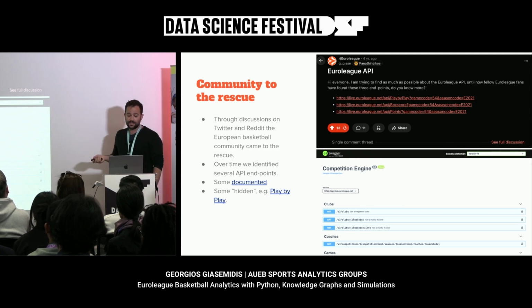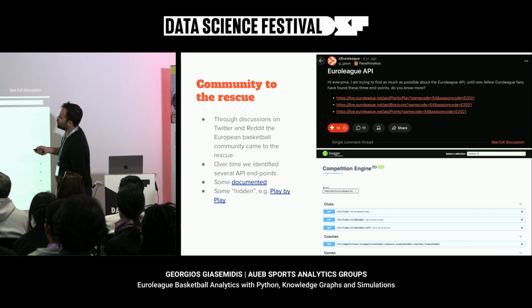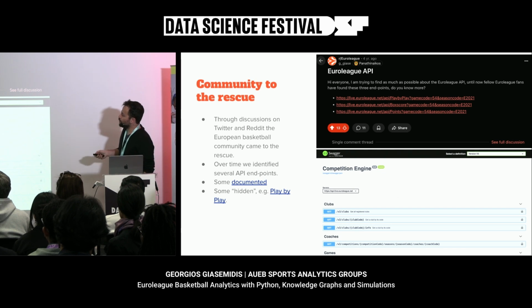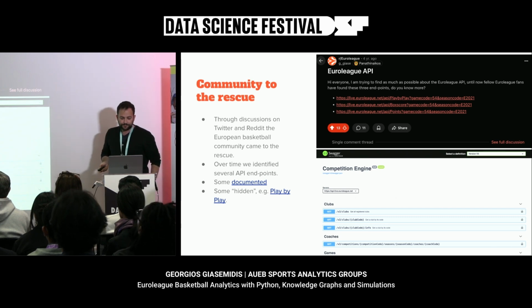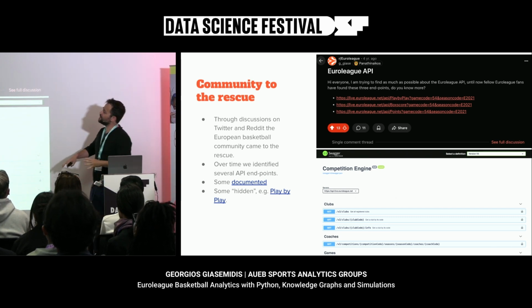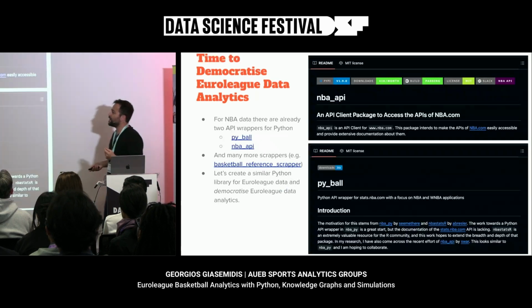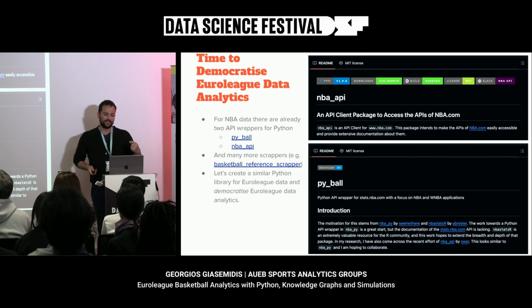Some other API endpoints are well documented on the Swagger API platform, this one. But that one was not documented anywhere. All right, so once I identified all these endpoints, I started using them. And at some point, I realized, OK, it's time to democratize Euroleague data analytics.